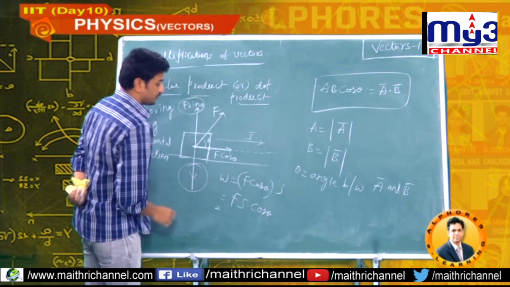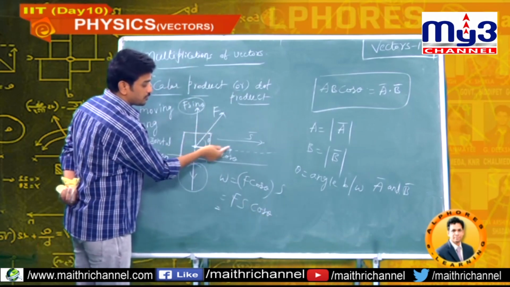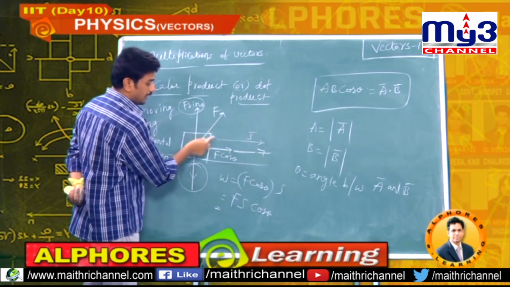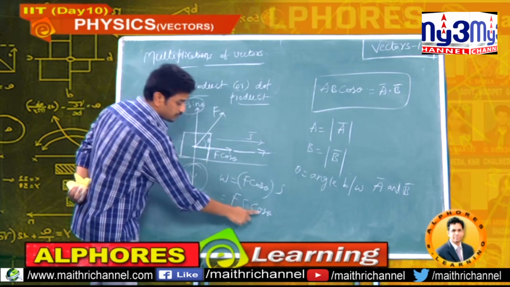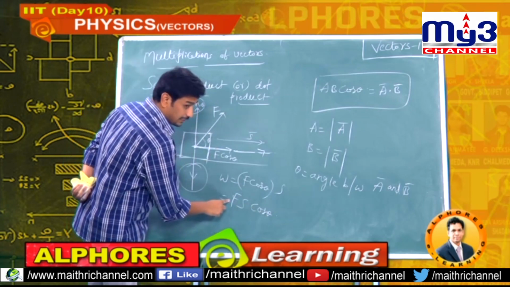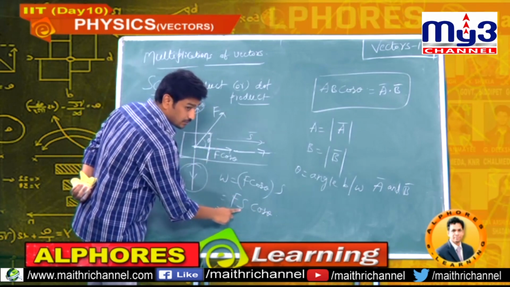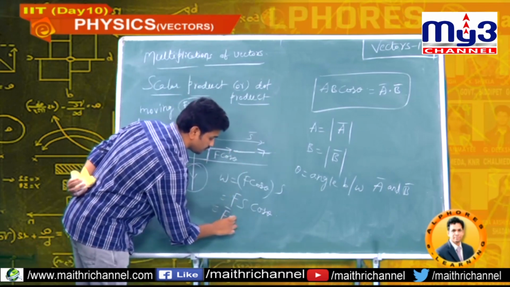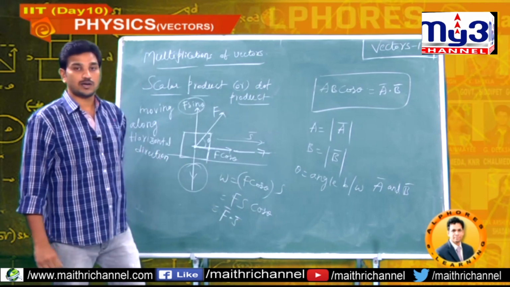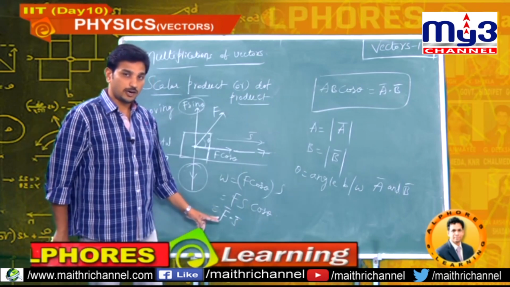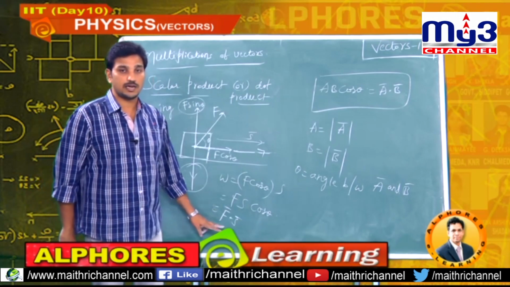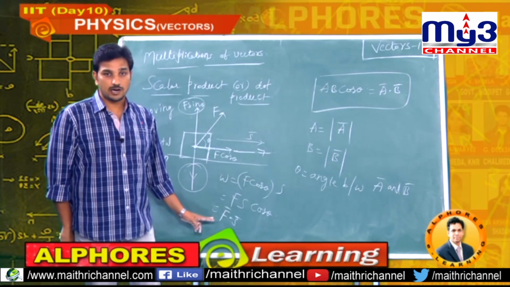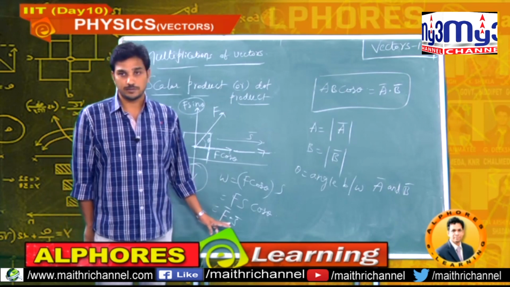What is theta? The angle between force and displacement. This is the displacement. Now force. The angle between F and S is theta. What is F? Magnitude of F bar. What is S? Magnitude of S bar. This is similar to dot product, no? So the work definition is a dot product of force and displacement.